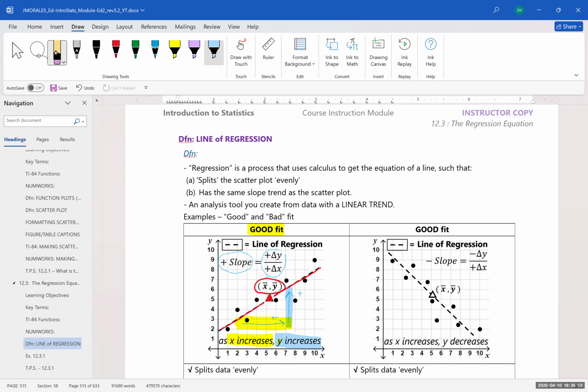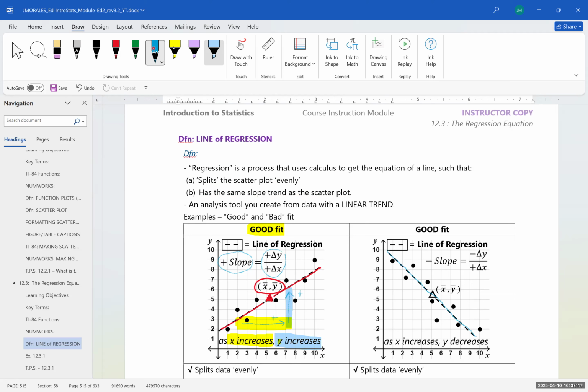All right, let's look at the example here on the right. Again, we have a scatter plot. We have a line of regression, which is a line of best fit through the scatter plot.